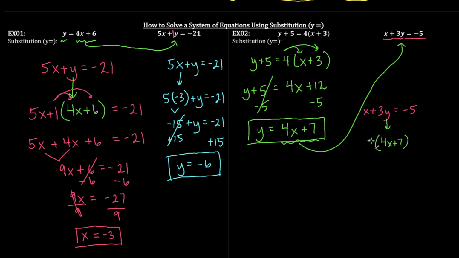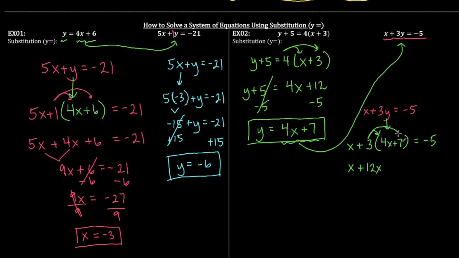Don't forget that 3. Okay, so let's distribute first. x, positive times positive is a positive 12x.